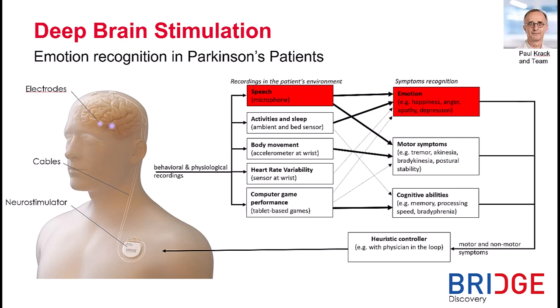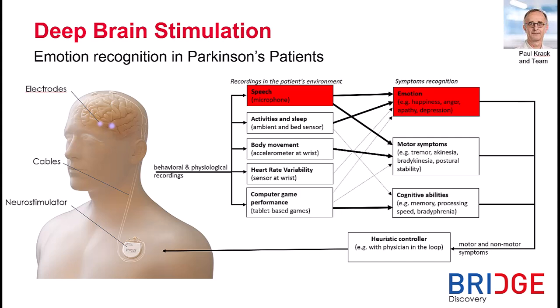Here you see how this looks like. We have 2 electrodes, and these electrodes are connected via this cable to the neurostimulator. The electrodes are typically placed in the thalamus, and typically we do bilateral stimulation.